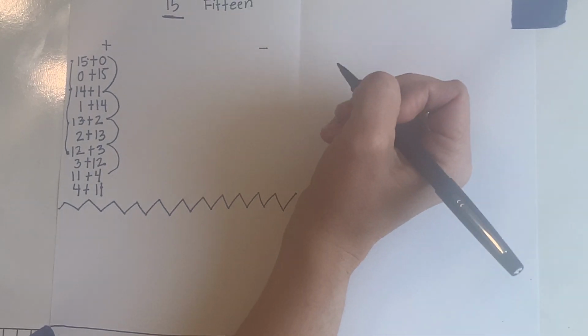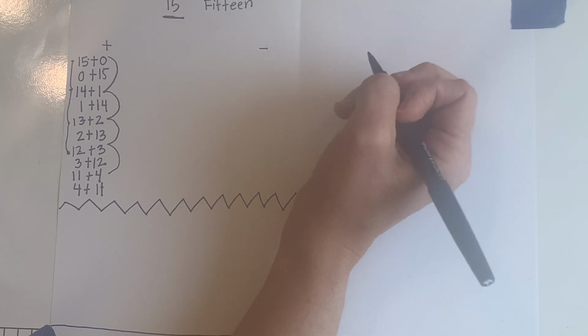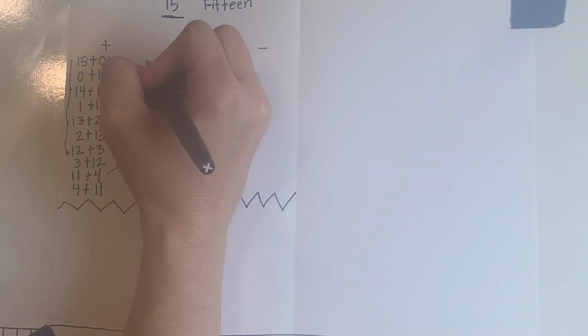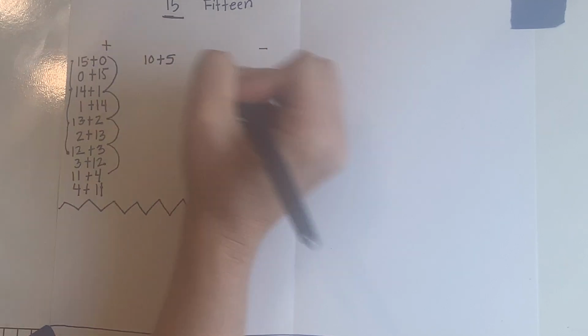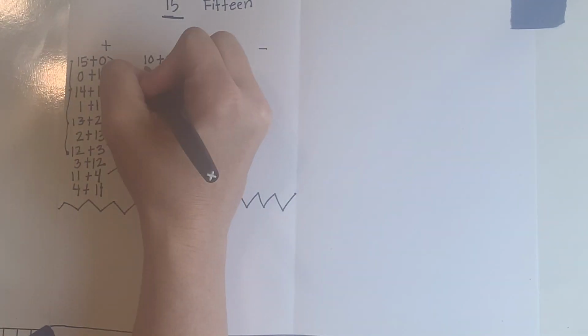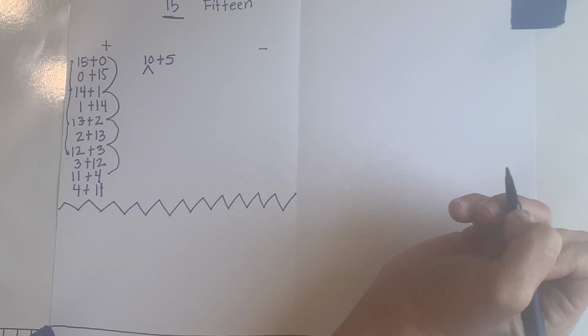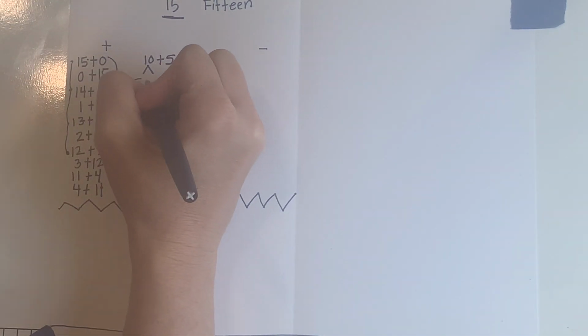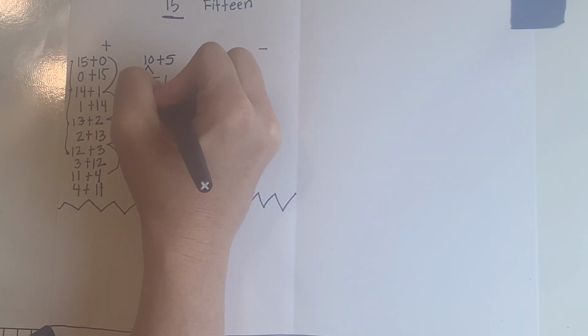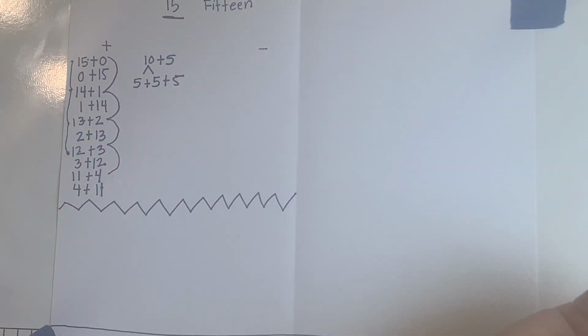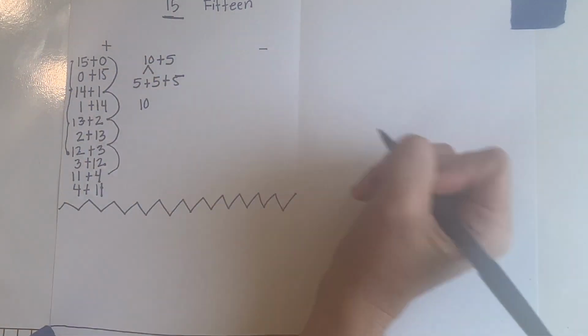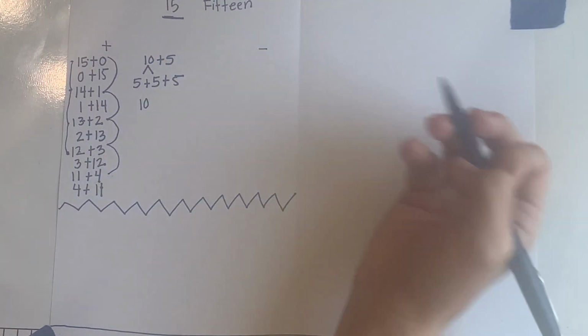I'm going to decompose 15, and I'm going to take apart the 10 and the 5. So I know that 10 plus 5 is 15, and I know that I can also break apart or decompose my 10 into 5 plus 5 plus 5. That equals 15. I could leave my 10 as a whole number and I could decompose the 5.